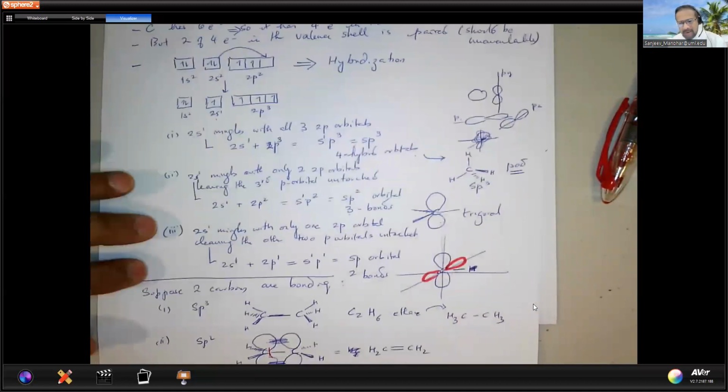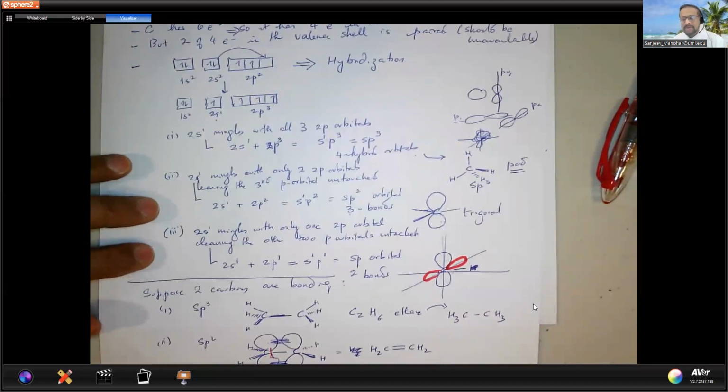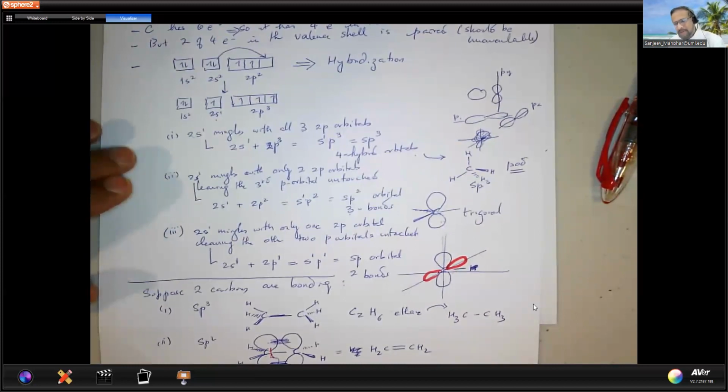And then we saw how these things can marry. Marry is also called hybridization. The s orbitals can marry all the 3p, or it can marry only two of them, or it can marry only one of them. So if it marries all three, it's an sp3, a tetrahedron, 4 bonds, so 4 single bonds. And if it's sp2, it can marry two and leave one free for a pi bond. And if it marries only one, it leaves the other two for another pi bond, so 2 pi bonds.